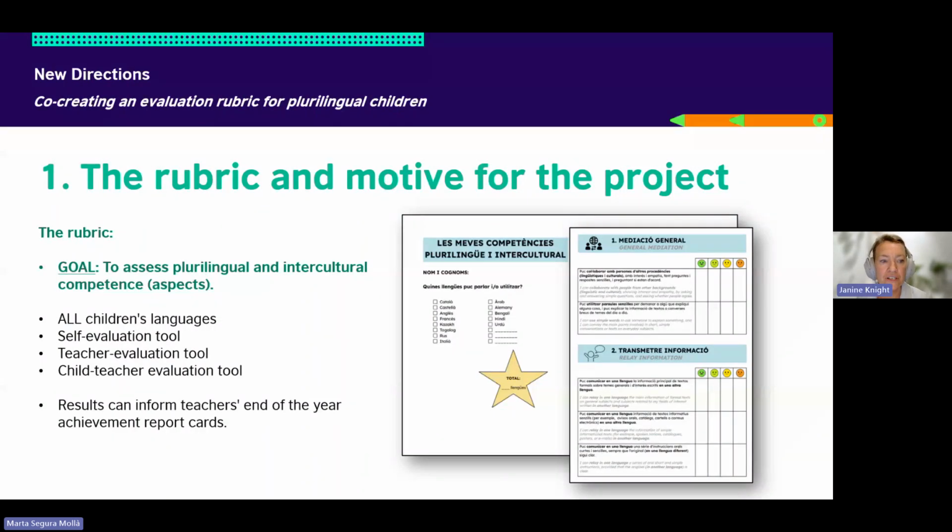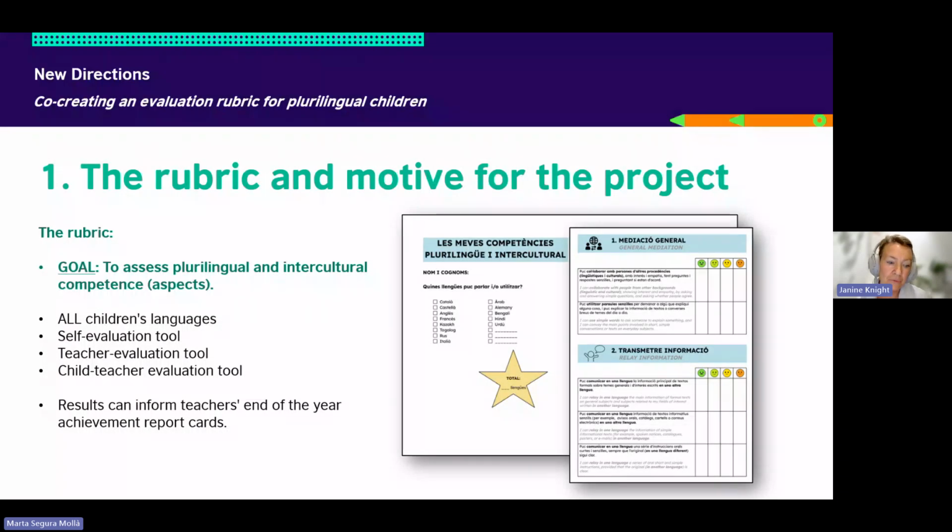So when we come back to the goal, when both the head teacher and myself were thinking about a possible evaluation tool, we wanted to make sure that the tool could reflect and capture all the children's languages. And therefore, we wanted to create a self-assessment tool for children to assess themselves, and an evaluation tool that teachers could use easily as well.